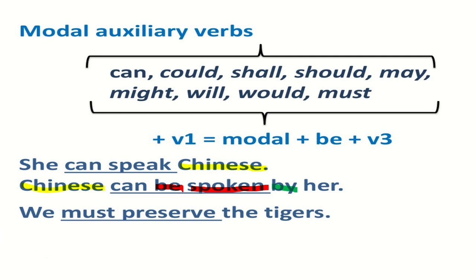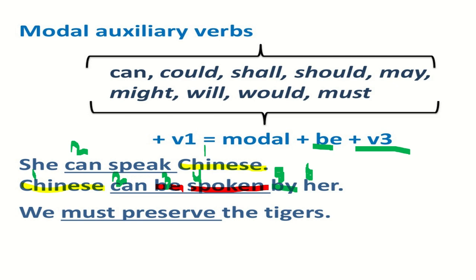So step number 1, I take my object first, then I keep the modal verbs, then step 3 I add be, then past participle, then 5 by, and number 6 I add the main subject. So verb 1 equals modal, be plus verb 3.